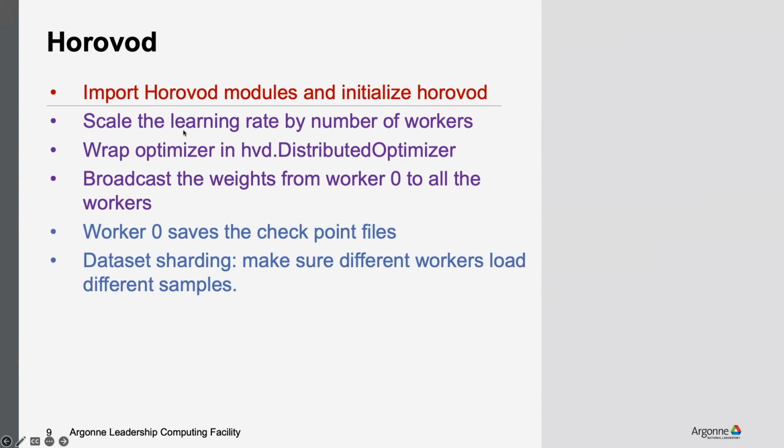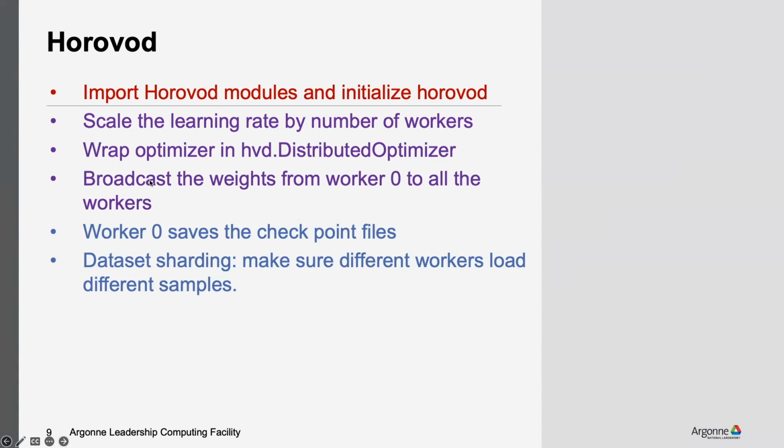So the key part is that when you do distributed training, the learning rate will be changing, and the batch size is also changing. So the learning rate and batch size will need adjustment during the training. I have a few other points that I want to mention later on after going through this.